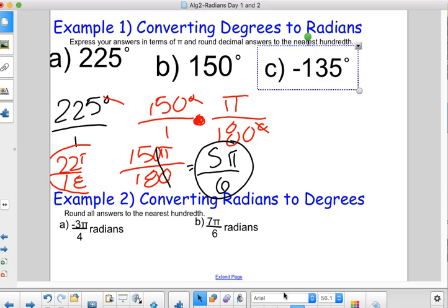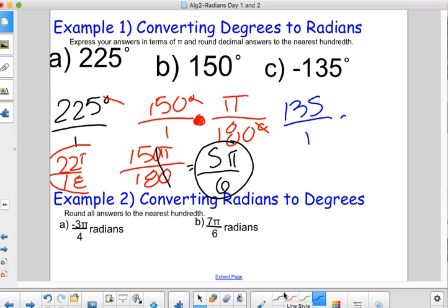Negative 135. They play the same way as degrees. So when you see a negative degree, what does a negative degree tell you? Yeah, it's just going down. So it means nothing within the conversion. So when you do negative 135, you can just do positive 135. And then in the end, make your answer negative. Because remember, a negative angle just tells you a direction.